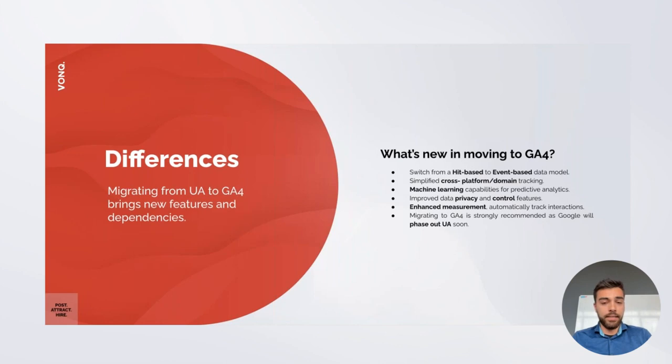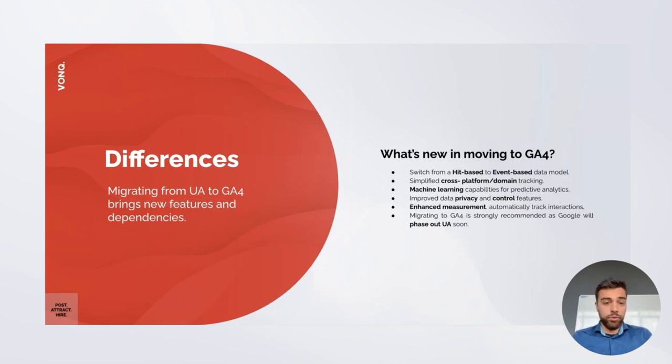It has, as I said before, some machine learning capabilities. This is great for predicting what will happen in the future. It's also quite good for understanding that if you miss some data due to, for example, some privacy regulation, the machine learning algorithm is able to make certain assertions about your data and fill in the gaps where you think something might be missing.